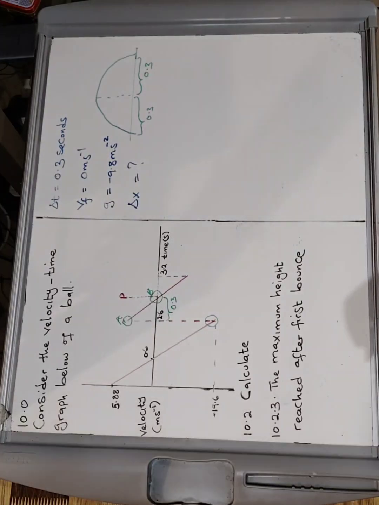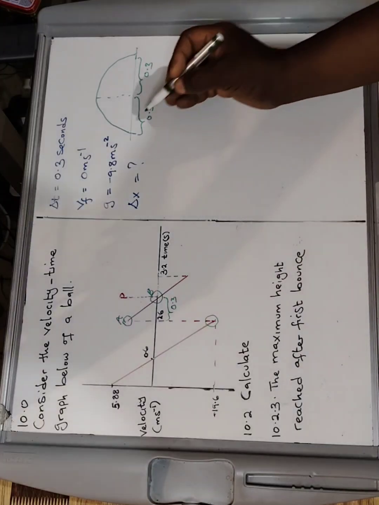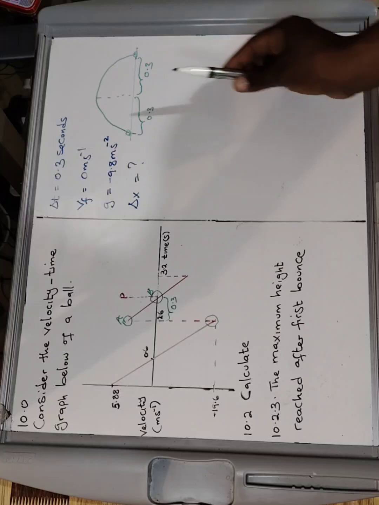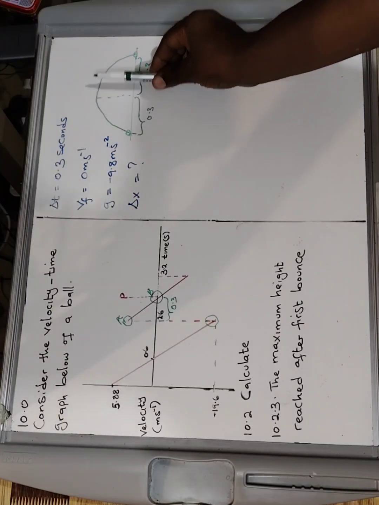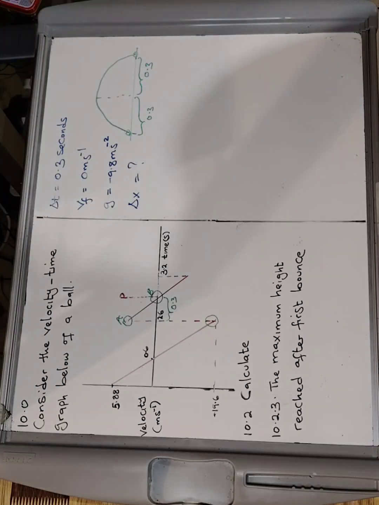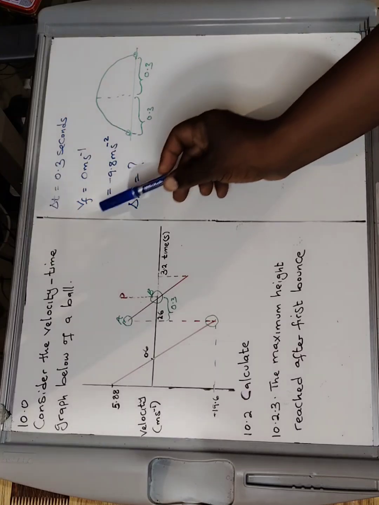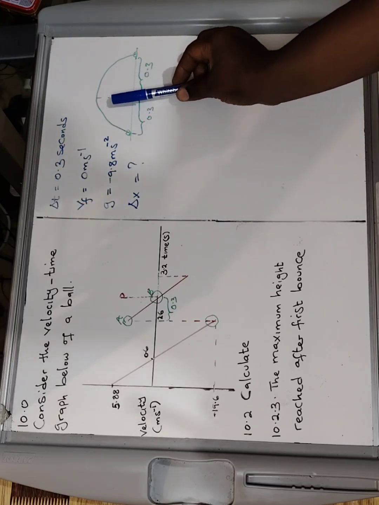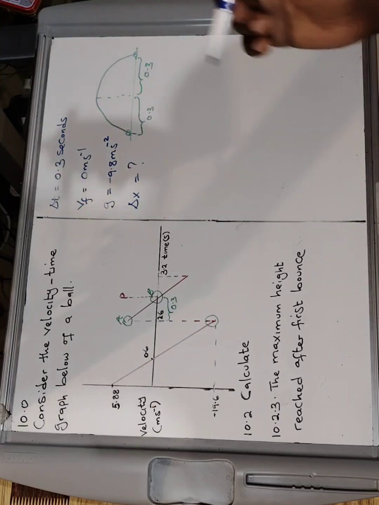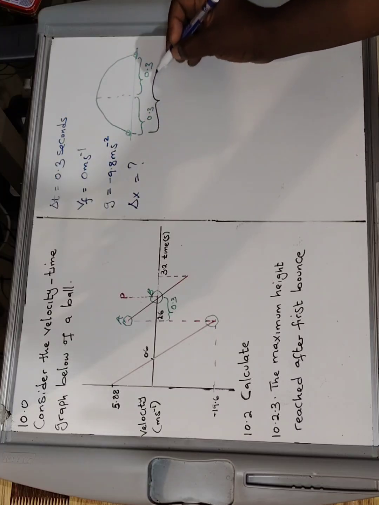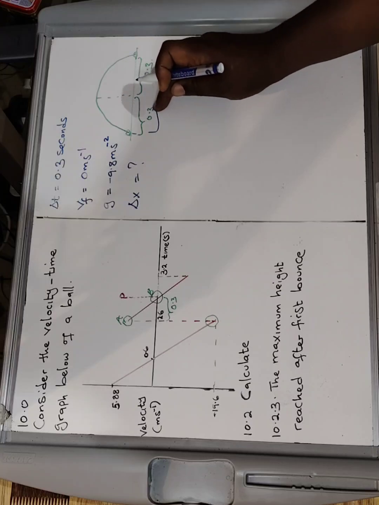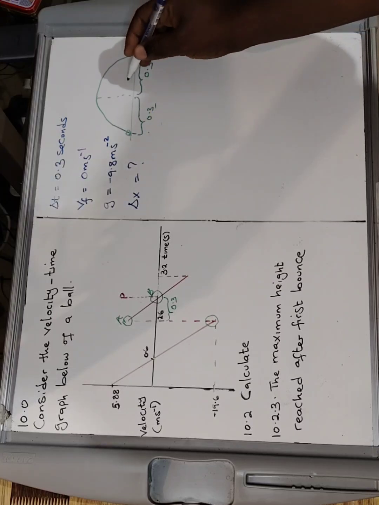So these two sides are similar. This half is similar to that half. Because the equation we have requires us to have initial velocity, because we are going to use the third equation, we are going to use this half.